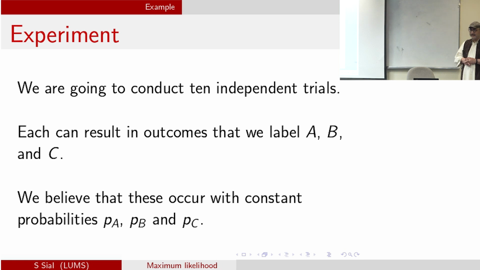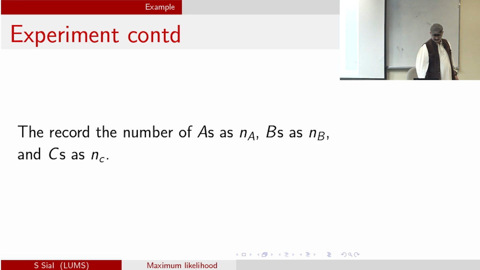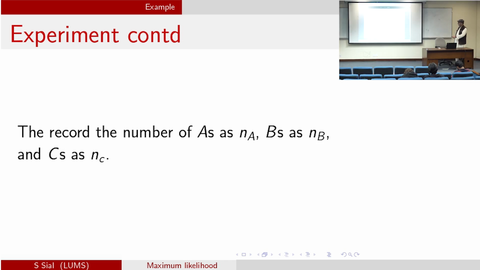What kind of random variable do we use for this? The multinomial random variable, yes? Okay. So let's say we do the experiment, and let's say result A occurs n sub A times, result B occurs n sub B times, and result C occurs n sub C times.